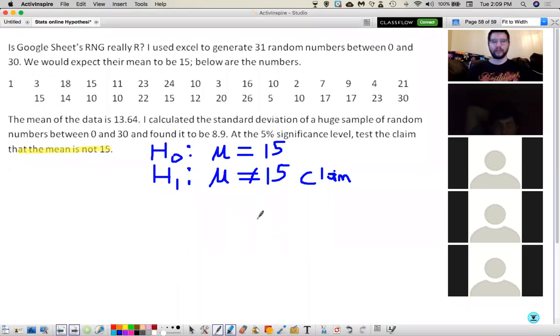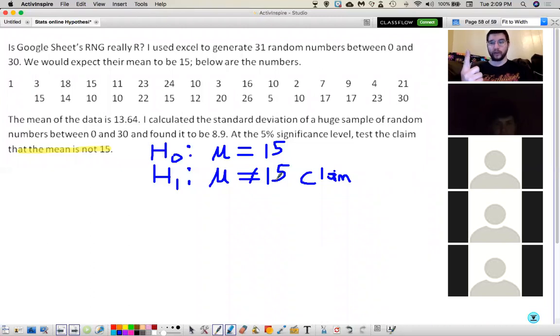But why are we changing it up now? We're not changing anything. We always have our alternative and our null hypotheses. We get where the claim is based on the problem. The mean is not 15 would have to go in the alternative because the not equal to doesn't have equality in it. The alternative never has equality in it.